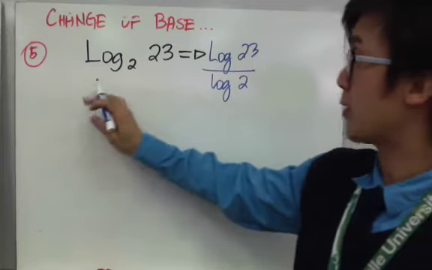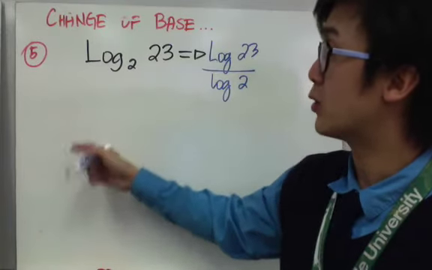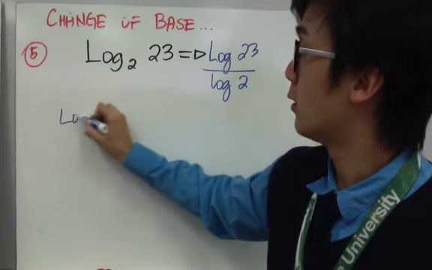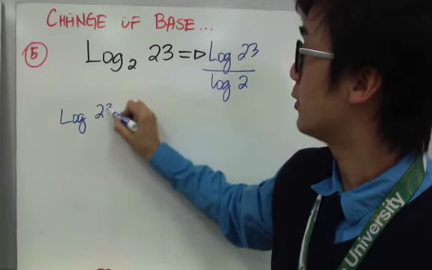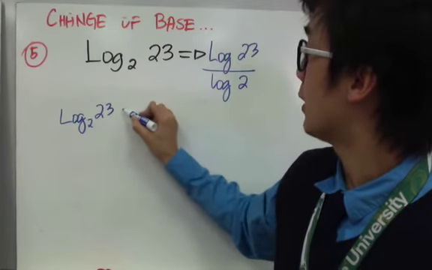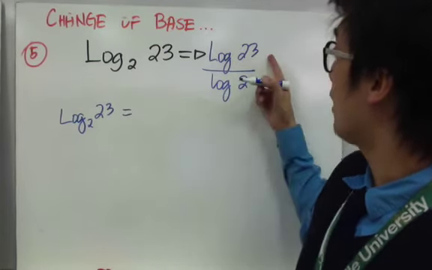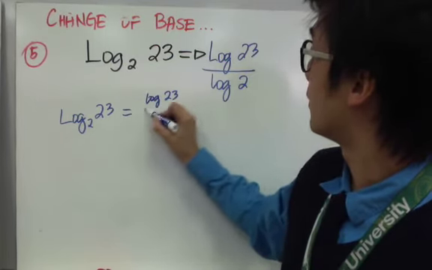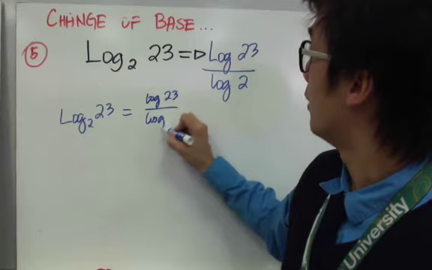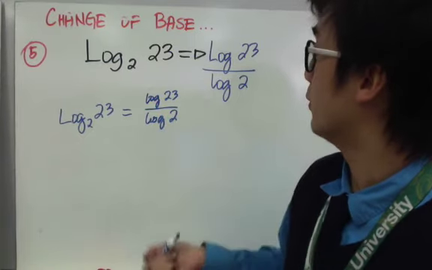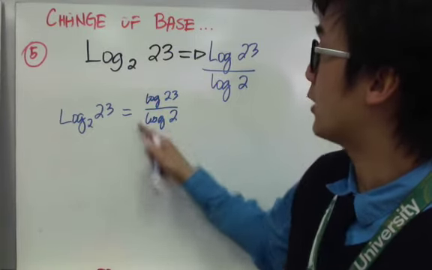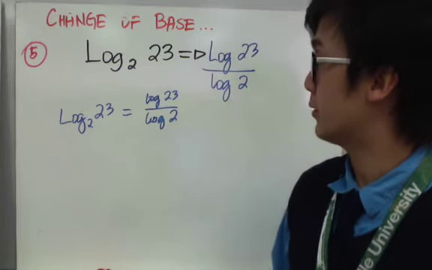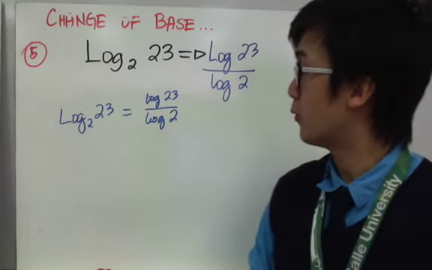Let me rewrite it so we can use it in our equation later on. We have the logarithm of 23 base 2 equal to the logarithm of 23 all over the logarithm of 2. Now we're going to use our calculator to produce this.